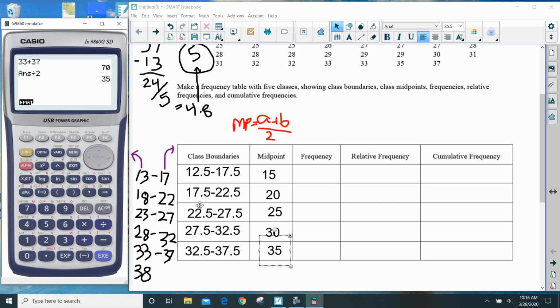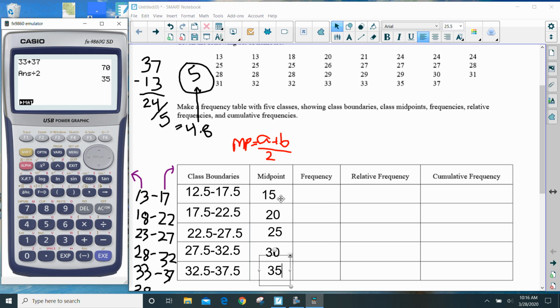All right, frequency. What you're doing is you're physically counting the numbers. So I'm looking for 13 to 17. That is pretty easy. That would be physically these two numbers right here. So the frequency of that group would be 2. Again, I'm going to copy this so I have a template to use.